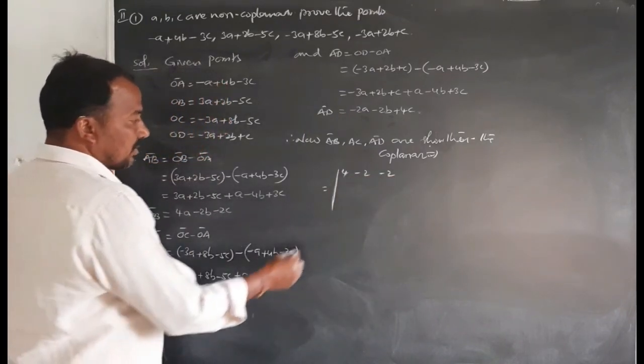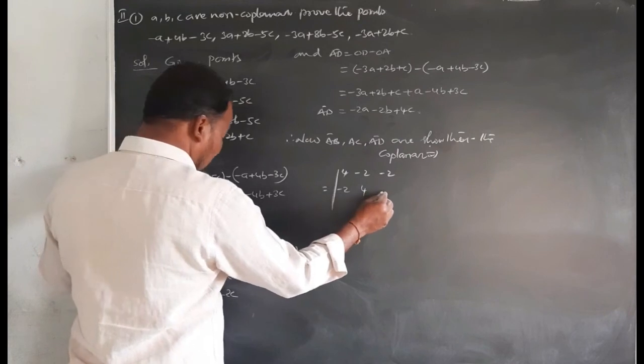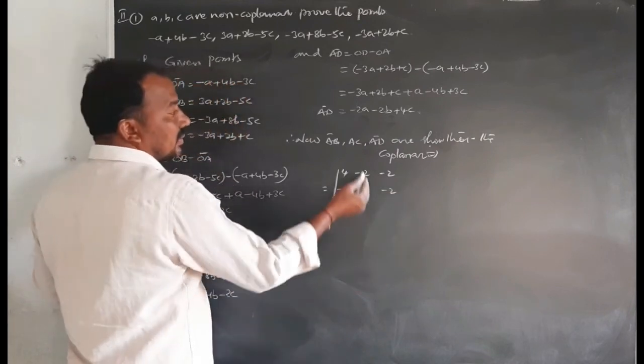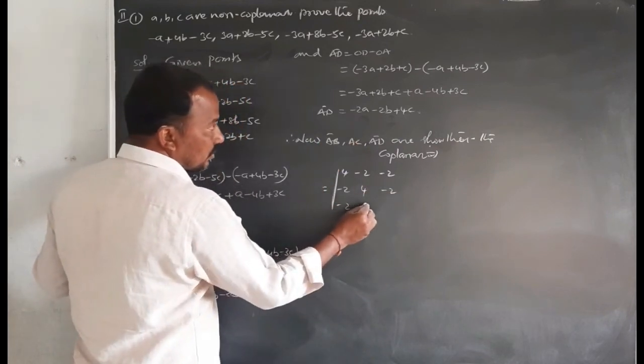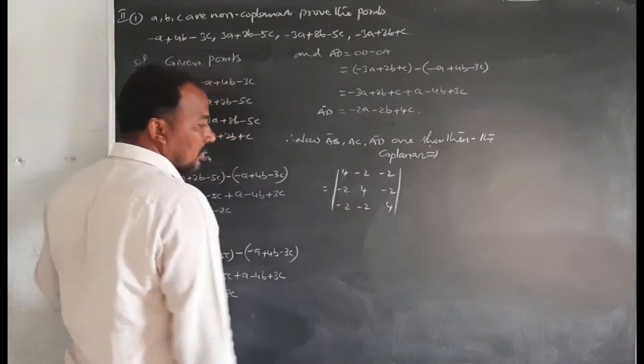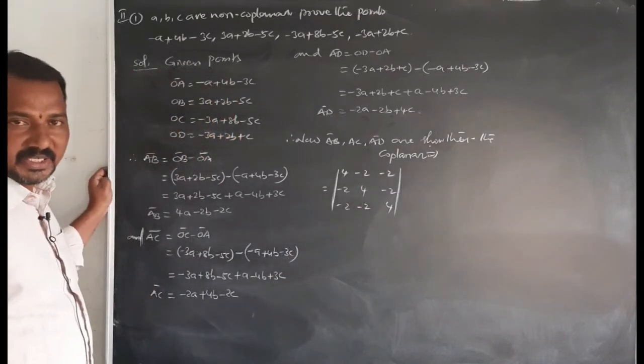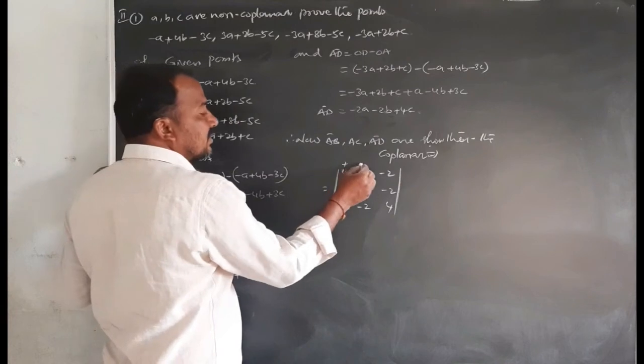AC is minus 2, 4, minus 2. Next AD is minus 2, minus 2, 4. Find the determinant, with signs plus, minus, plus.